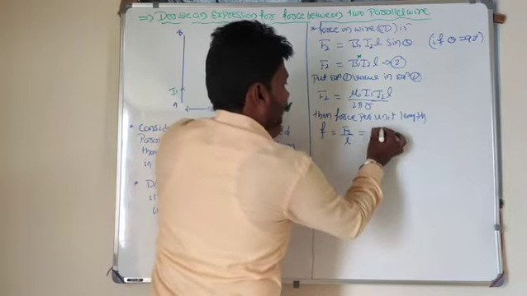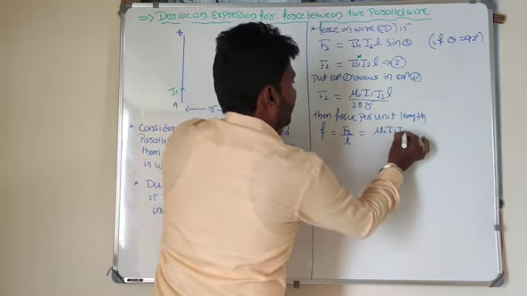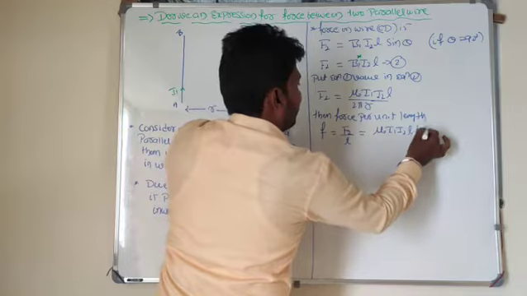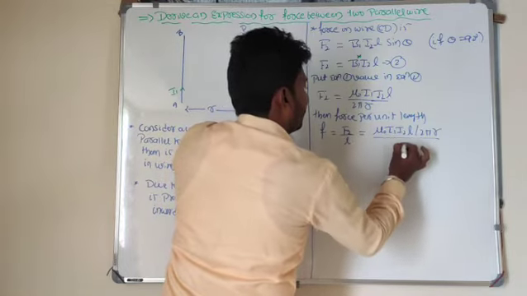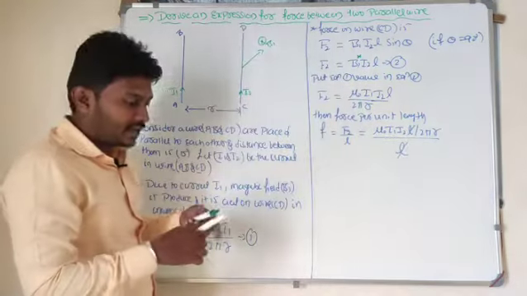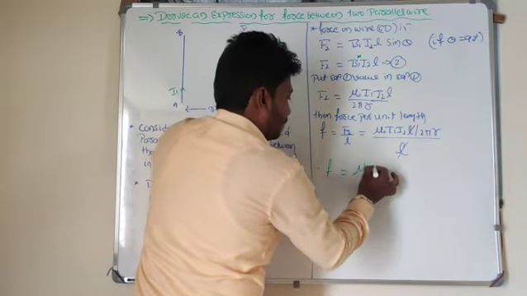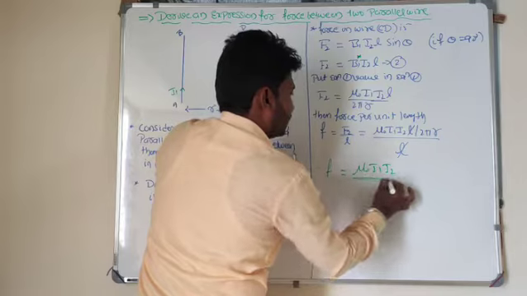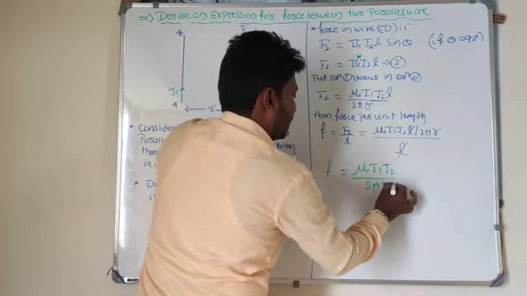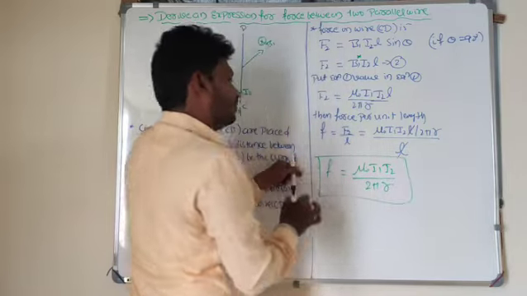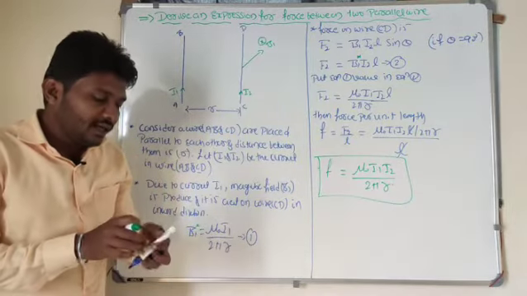What is the value of F2? Mu naught I1 into I2 into L divided by 2 pi r, divided by L. The length term gets cancelled out. Then force F is equal to mu naught I1 into I2 divided by 2 pi r. This is the required expression for force per unit length.